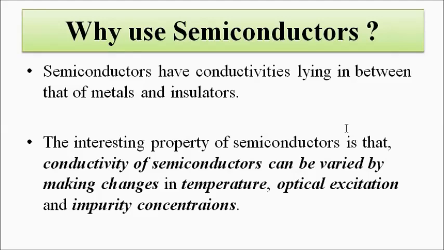For example, by making certain changes to the temperature, the conductivity of the semiconductors can be varied. By focusing light of a particular frequency or wavelength on the semiconductors, which is called optical excitation, the conductivity can be varied. By changing the impurity concentration by the process of doping, in which we add some impurity, some external atoms, the conductivity of the semiconductors can be altered or changed.